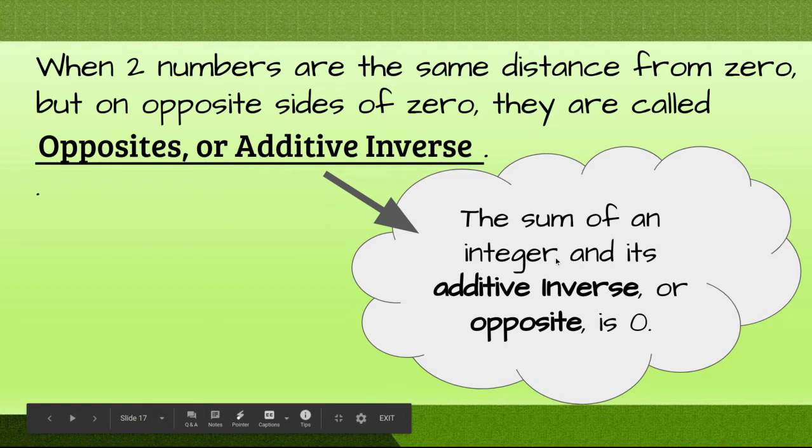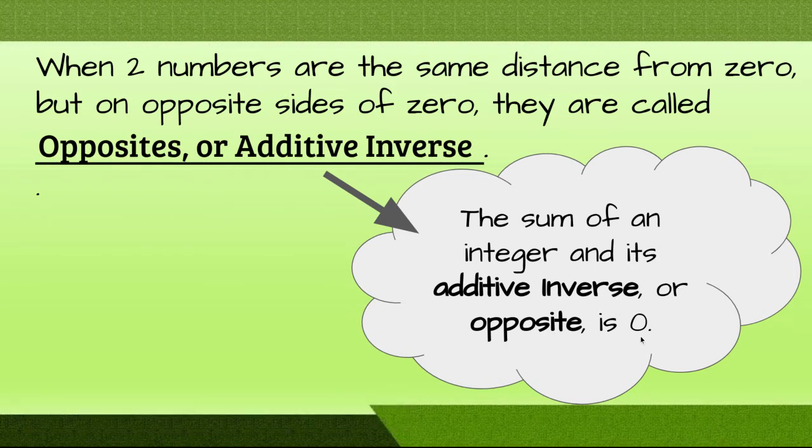So the sum of an integer and its additive inverse or its opposite is always going to be 0. They cancel each other out. I like to call them zero pairs even. So 7 and negative 7 equals 0. So that's a zero pair. And negative 3 plus 3, those are also a zero pair because they cancel each other out. Same distance from 0, but on opposite sides.